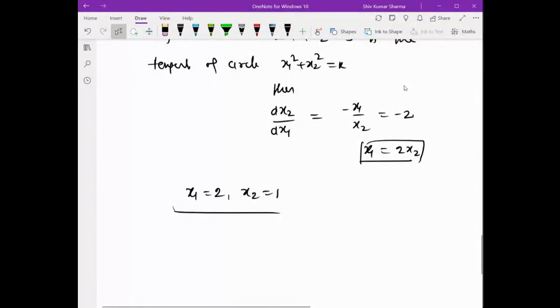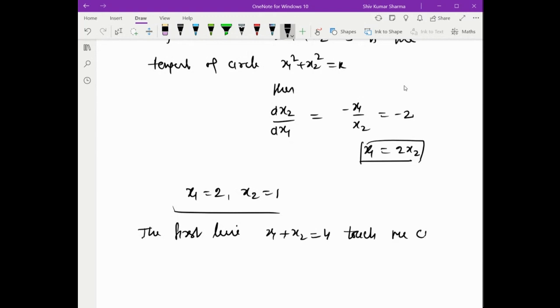So the first line, x1 plus x2 is equal to 4, touches the circle x1 square plus x2 square equal to k at the point.